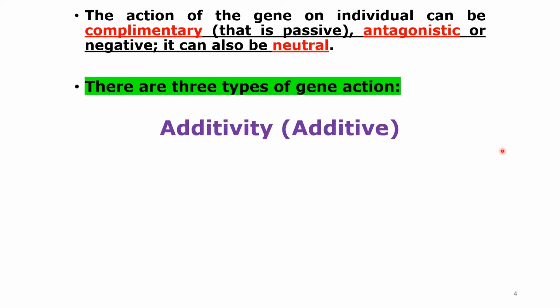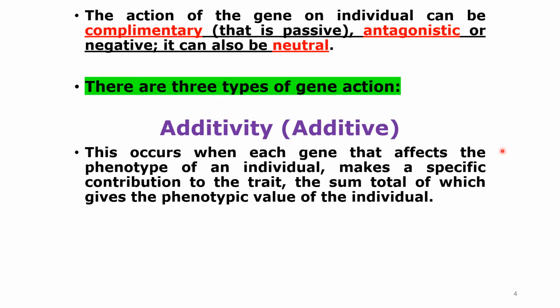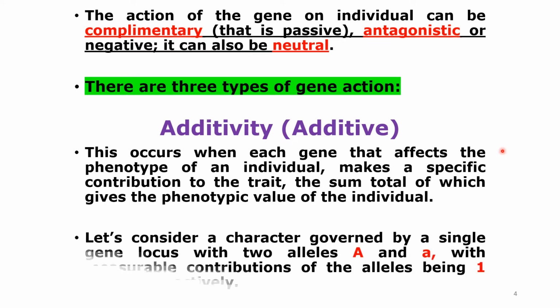The first one is what is known as additive gene action. We also refer to it as additivity. Additivity occurs when each gene that affects a phenotype of an individual makes a specific contribution to a trait, and then the sum total of which gives the total phenotypic value of that individual for the trait of interest.